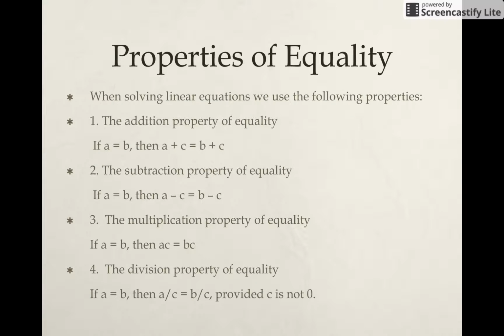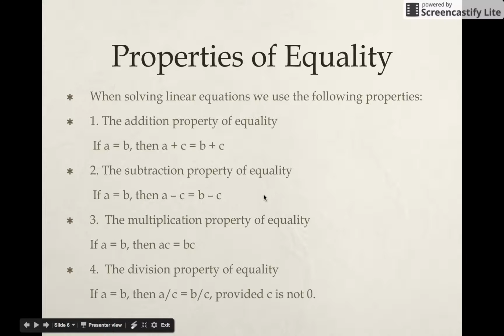When we solve an equation, we use several properties of equality to do that. Namely, we use the addition property of equality, which states if you have a statement of equality like a equals b, then you can add the same quantity to both sides of that equation. And here we're using c as the name for that quantity. We have the subtraction property of equality.